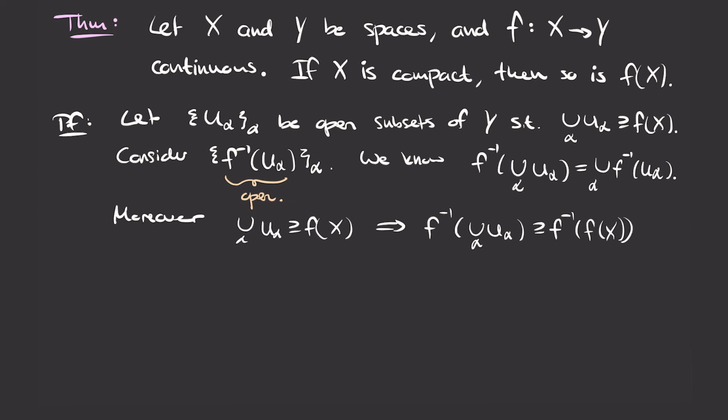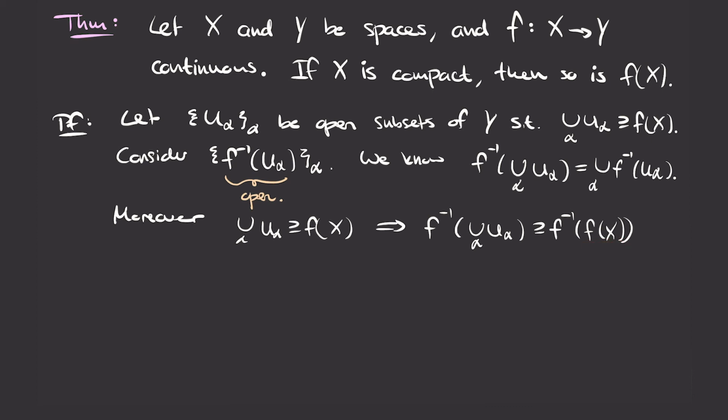Now if you think about what this on the right is saying, it's saying that you're considering the pre-image of the image of the entire domain set. So that's all the points in X which map to the image f of x.